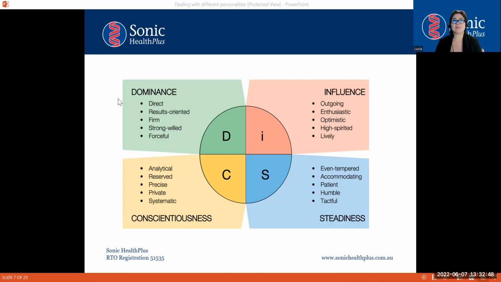I said D's and the C's are more about method and what, whereas the I and the S would be about who. Okay, so kind of get the majority of their language, and then you can start filtering that. Okay, and then how did the interaction make you feel? And then you will start having a better idea of what sort of personality type you will be dealing with.